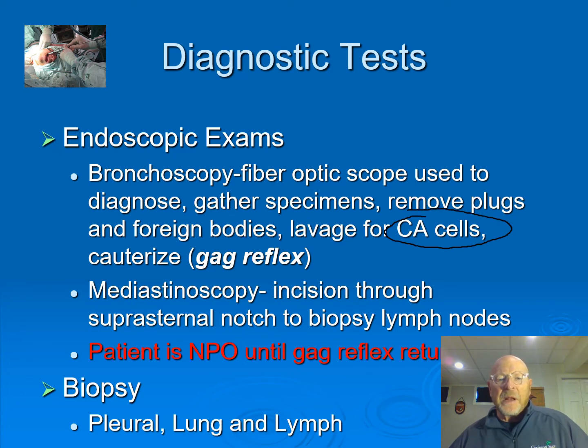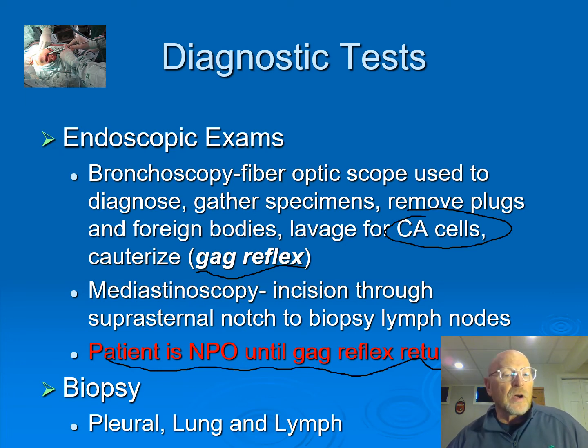But here's what I want you to know about this slide. Look at this. I've got it here and I've got it down here. In order to get a valid study for an endoscopic exam, the patient has to have the gag reflex paralyzed or suppressed. That allows them to get a good endoscopic exam without the patient gagging, etc.